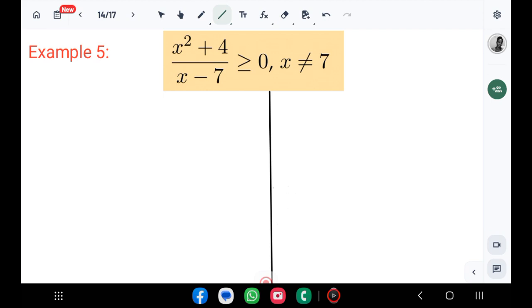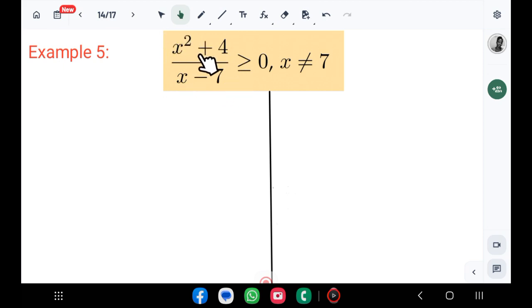Next question, we're looking at an inequality that is a special case of a quadratic or a rational inequality. So now that we've dealt with a rational equation and a rational inequality, you know how to solve a rational inequality. Let's look at this special case.